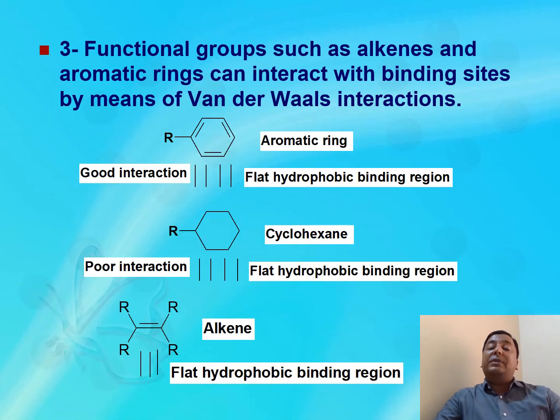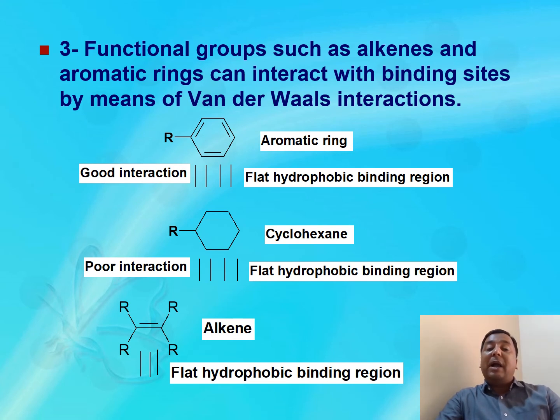Now the third approach: the compounds or drugs which we identify, if those compounds have functional groups such as alkenes and aromatic rings, those compounds can interact in the binding site only by means of van der Waals interactions. That means invisible interactions which we cannot see, but the interactions will be there. One example: aromatic rings, benzene, right?